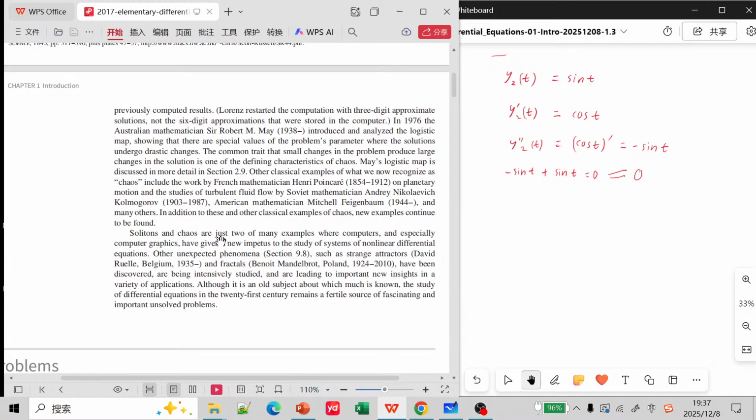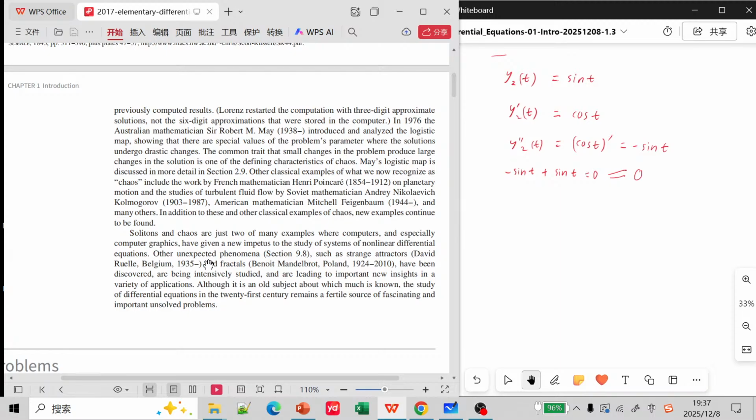Solitons and chaos are just two of many examples where computers, and especially computer graphics, have given a new impetus to the study of systems of nonlinear differential equations.